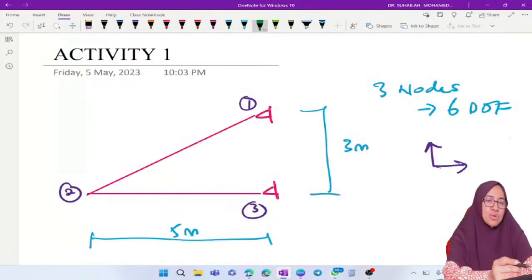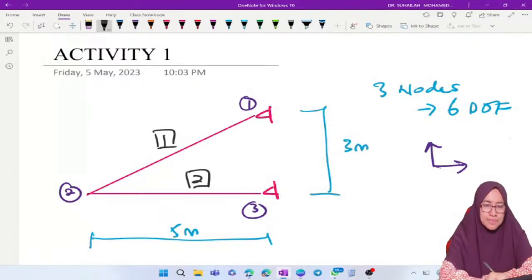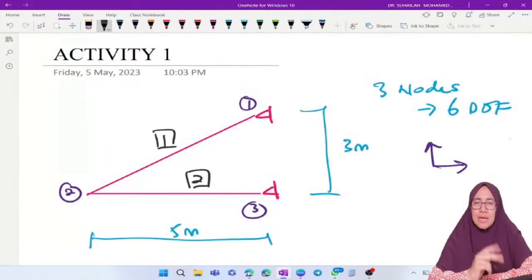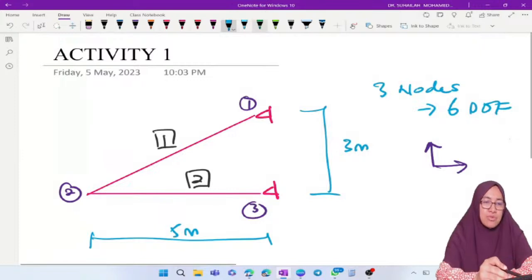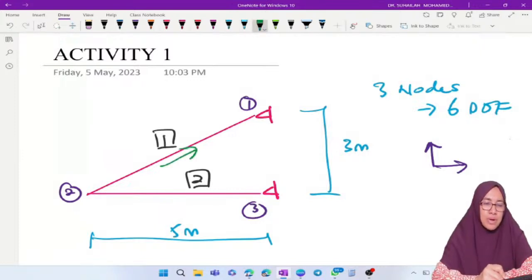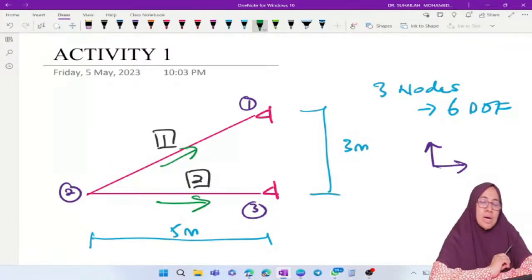Okay, there are two elements, element 1 and element 2. And then we have to put the arrow as well. The arrow goes along the member, parallel with the element, with the head of the arrow always moving towards the far end.